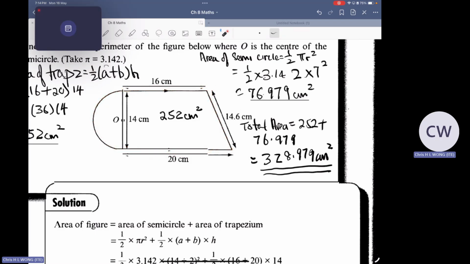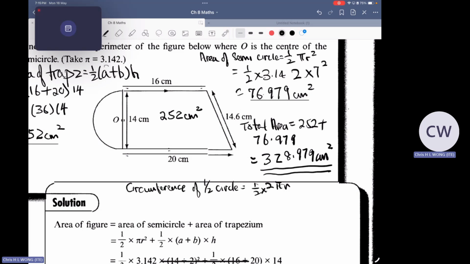Okay, so this is the half circumference, isn't it? Again, I divide by 2. So circumference of half circle, I put below. Circumference of half circle equals to half 2 pi r, right?